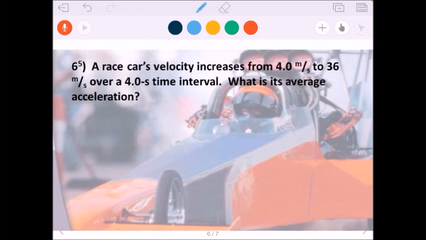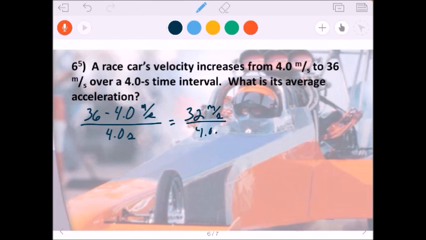Okay, a race car's velocity increases from 4 meters per second to 36 meters per second over a 4-second interval. What is the average acceleration? So if we take our vehicle's final velocity of 36 and subtract our initial velocity of 4.0, and we divide by our time of 4.0 seconds, it gives me 32 meters per second divided by 4.0 seconds.